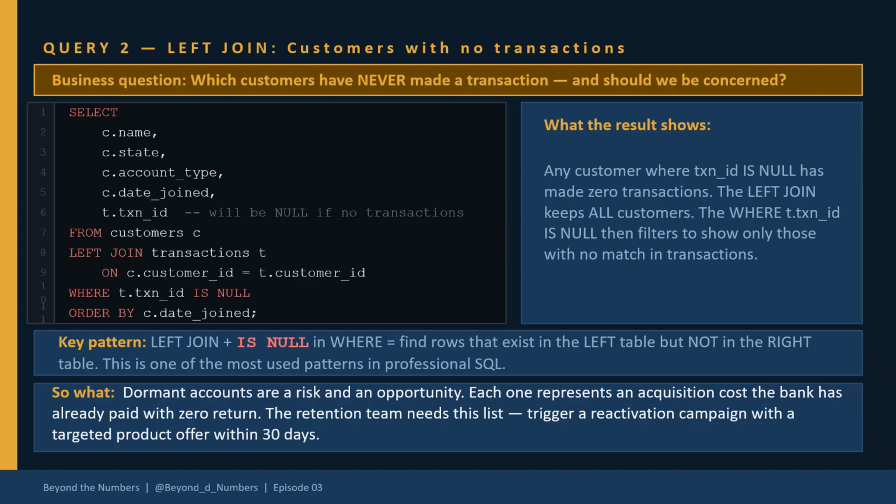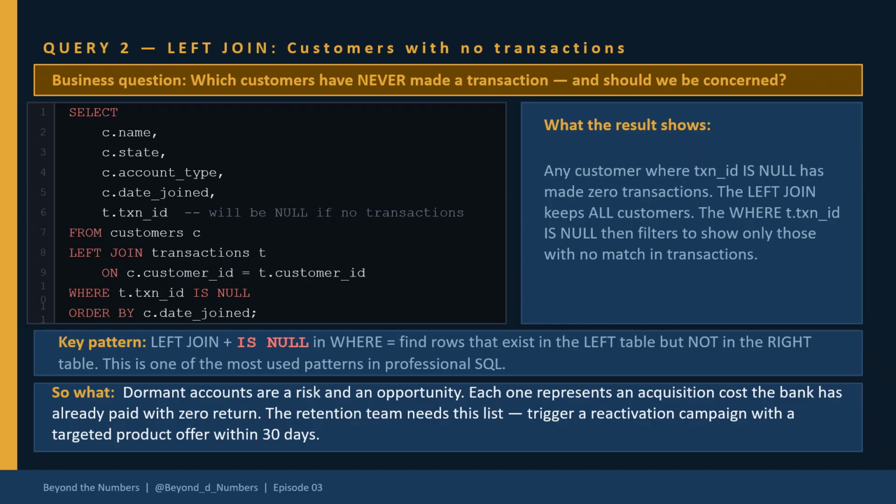The last line is the key. The left join returns all customers. Those with transactions get a txn_id. Those with no transactions get null in the txn_id column. WHERE t.txn_id IS NULL then keeps only the customers where no match was found. The result is a list of dormant accounts.